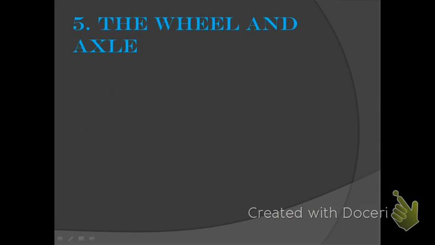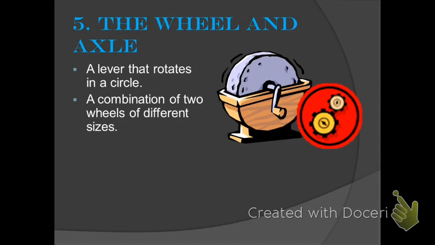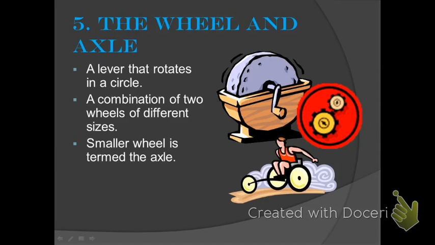Tell me about the wheel and axle, Danielle. A lever that rotates in a circle. A combination of two wheels with different sizes. The larger wheel is termed the wheel. The smaller wheel is termed the axle. And how do you calculate mechanical advantage for a wheel and axle? Radius of the wheel divided by radius of the axle.